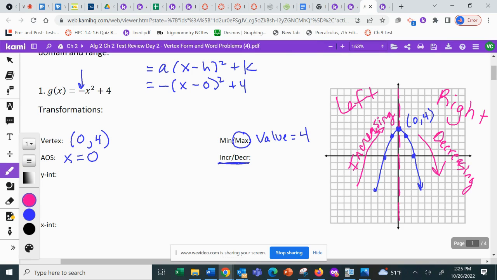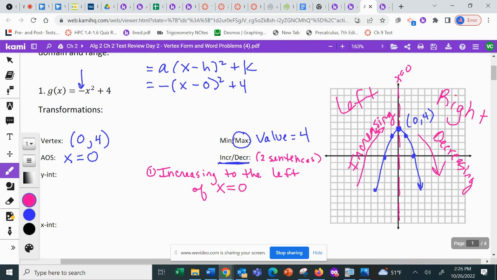Now, to answer increasing, decreasing, you're going to have 2 sentences. You don't need to write 2 sentences, I'm just telling you. The first sentence is going to be increasing to the left of, and then we write our axis of symmetry, x equals 0.